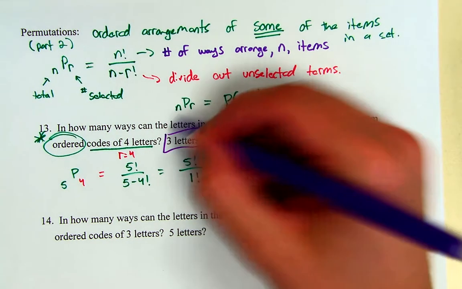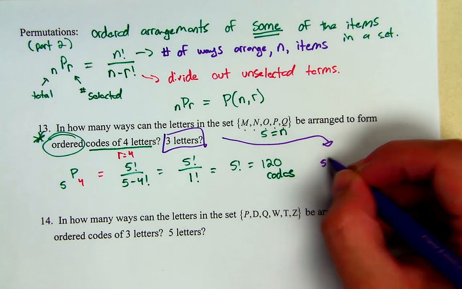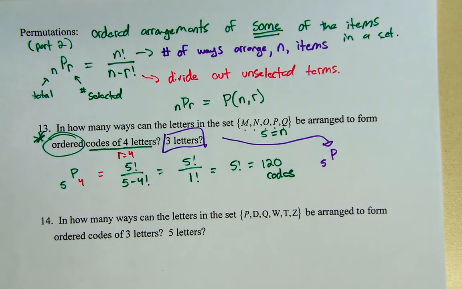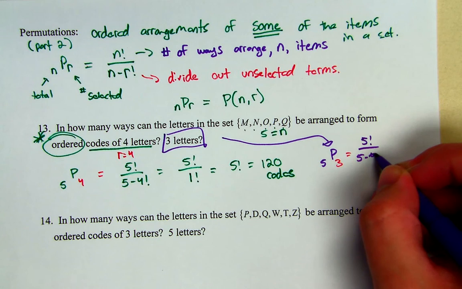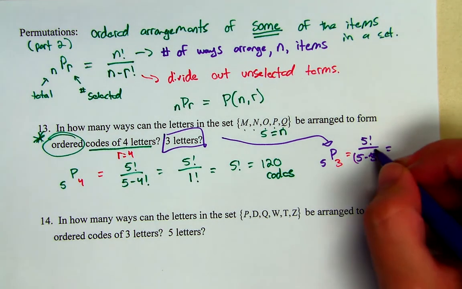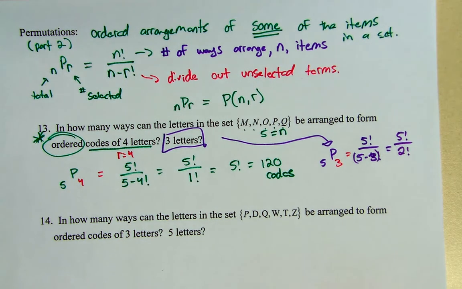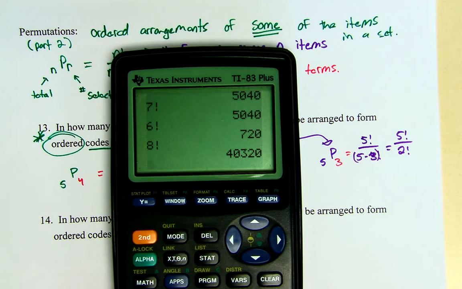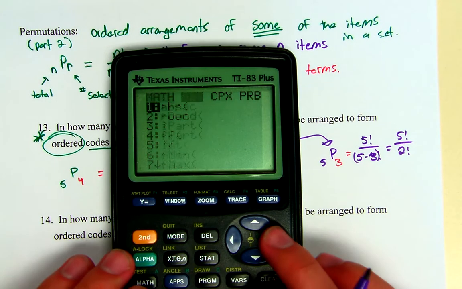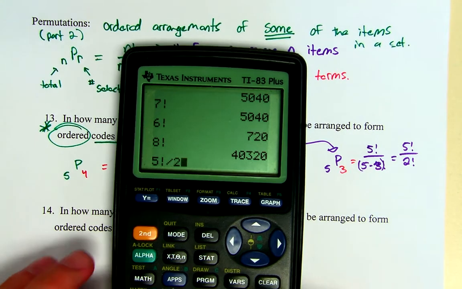Notice here it said, what about 3-letter codes? So for 3-letter codes, we're doing 5, and we're picking, instead, 3. So that changes the game a little bit. 5 factorial over 5 minus 3 factorial. So that's 5 factorial over 2 factorial. Well, you can do this in your calculator, or you can just multiply it out on your own. Just be careful about how you enter it. So 5 factorial, I'm going to divide it by 2 factorial.